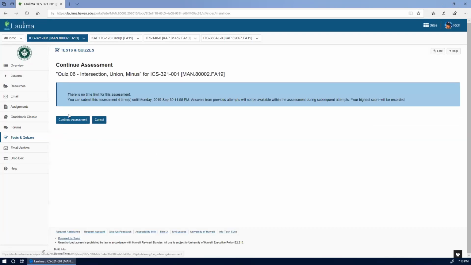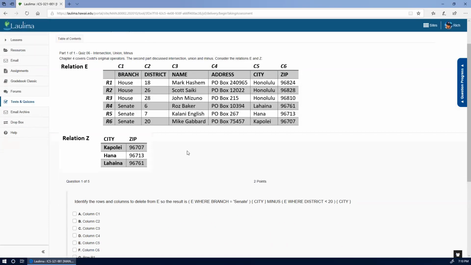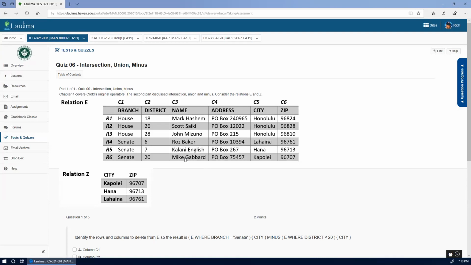Intersection, union, and minus. Okay, intersection means you've got two relations with the same fields, same columns, and the intersection is what tuples they have in common, and a union is all the tuples in both of them, but no duplicates.